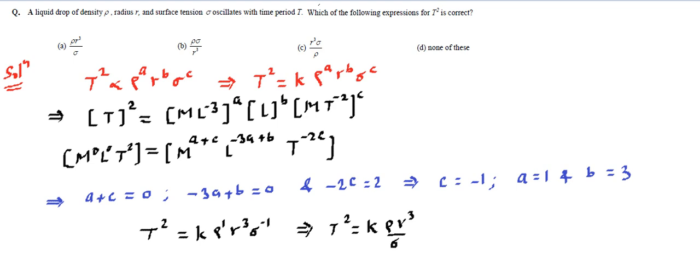So T square is directly proportional to rho r cube upon sigma. Then we see the options. There are 4 options. Option A matches correctly, rho r cube upon sigma. B is not matching, C is not matching, nor D. Single correct, so the answer is option A.